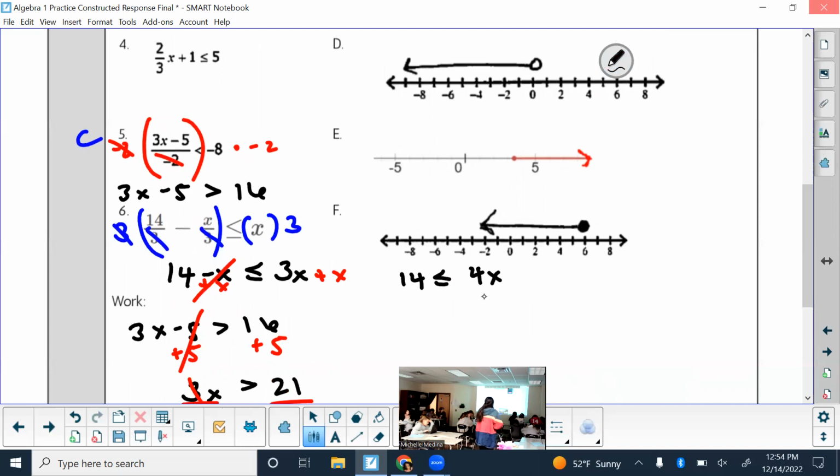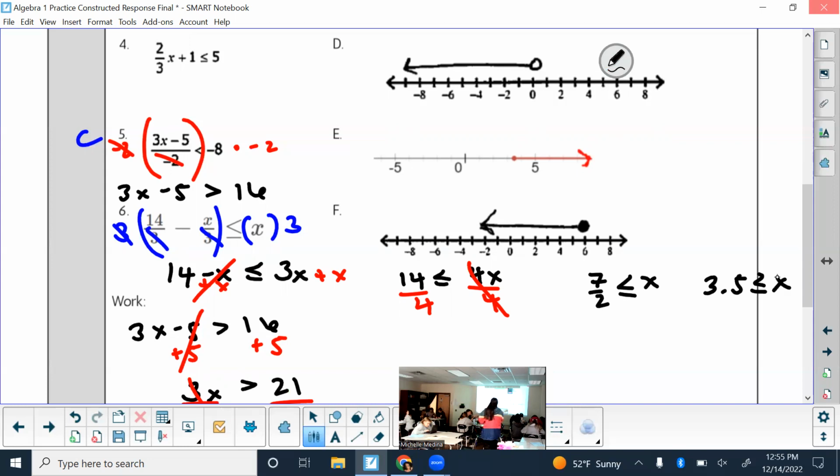Opposite of multiplying by 4 is dividing by 4. This is a little ugly, but it is what it is. It's x. Do I need to flip the sign? So the opening is facing the x still. 14 divided by 4, that's 7 over 2, or what as a decimal? 3.5.